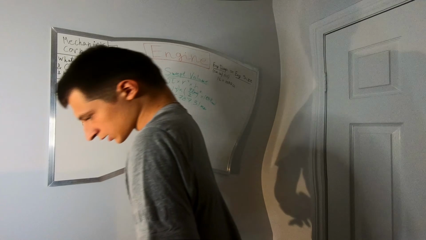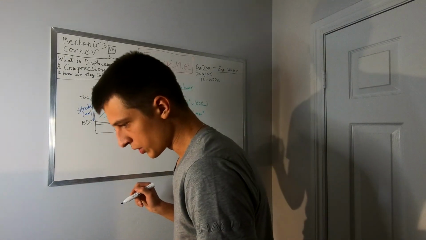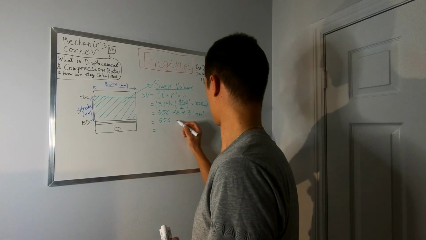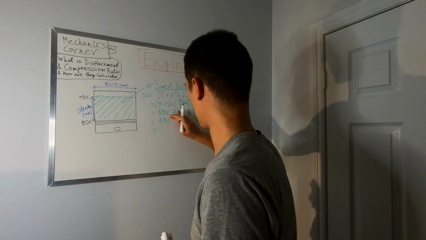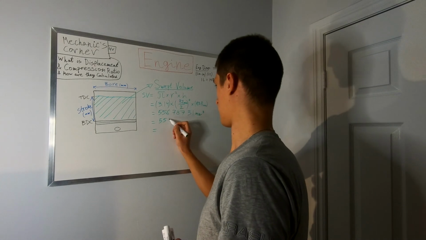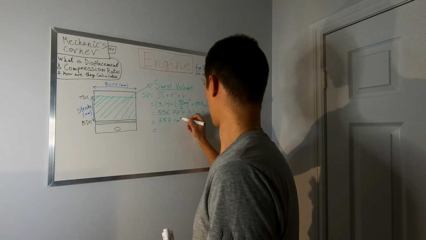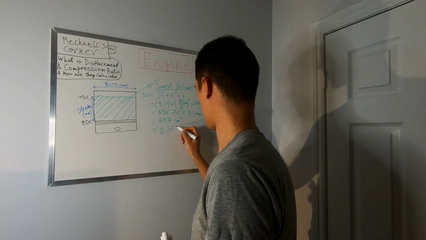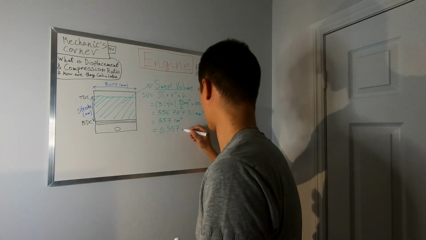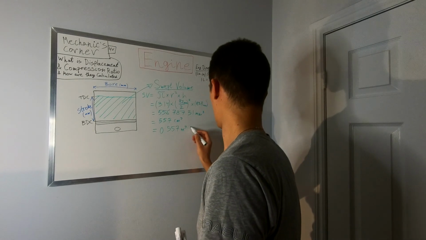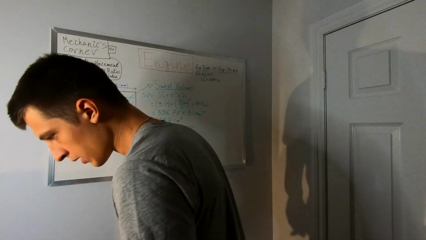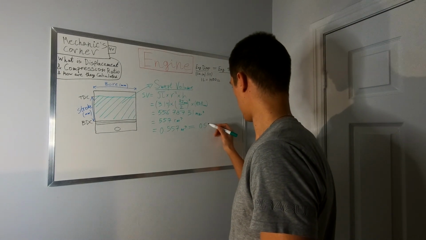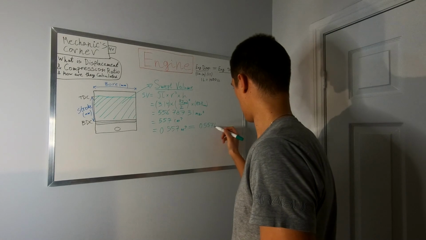which in centimeters will give us obviously 556. Well, we'll round it up to 557 because we carry from the 7, so 557 centimeters cubed, which will then give us 0.557 liters.